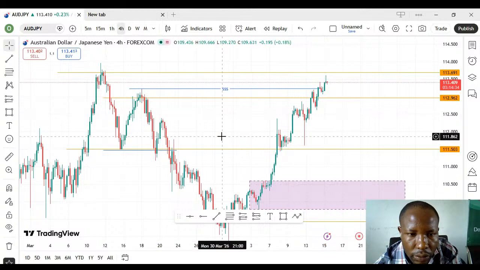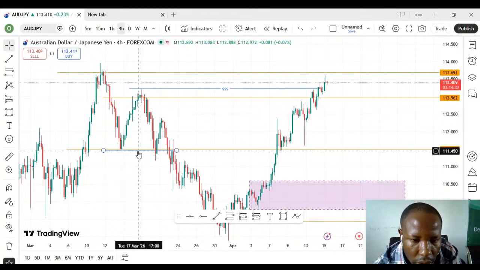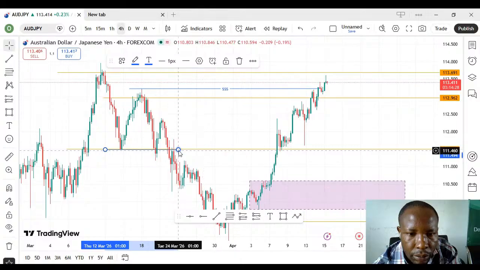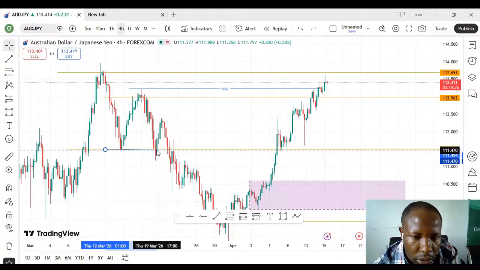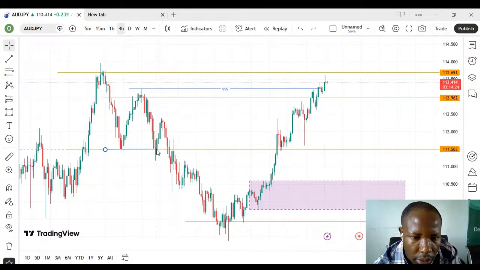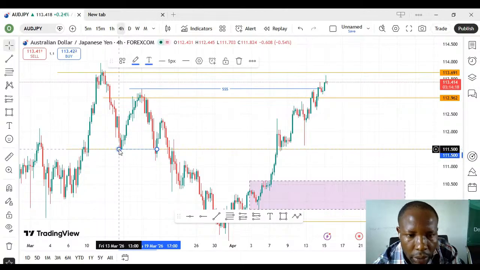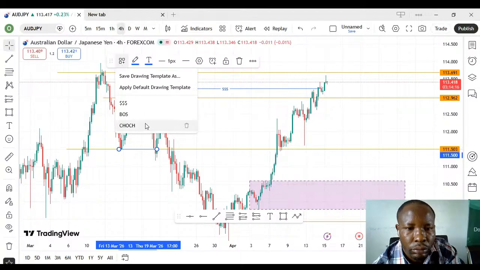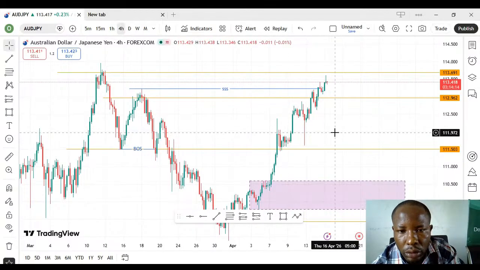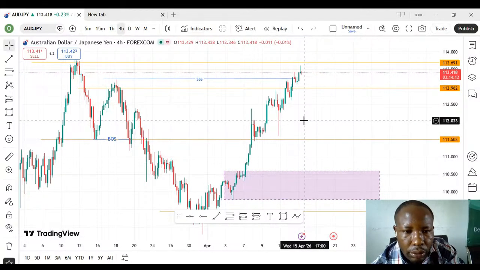And this is a block of structure which happened here.